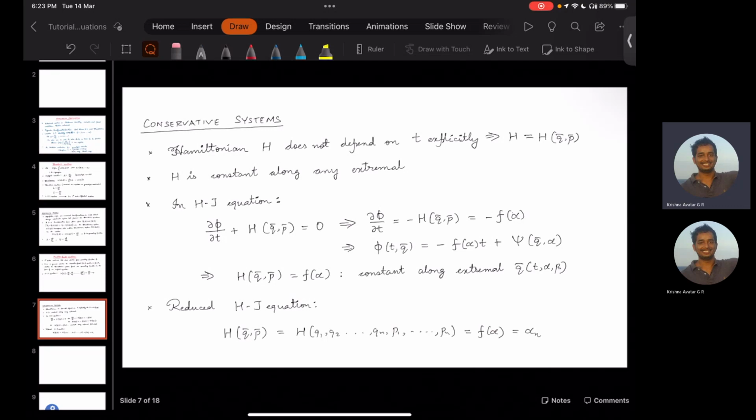Or otherwise, if the work done to take a body from one point to another in the presence of some force depends only on the endpoints, isn't it, then that force is also called a conservative force.